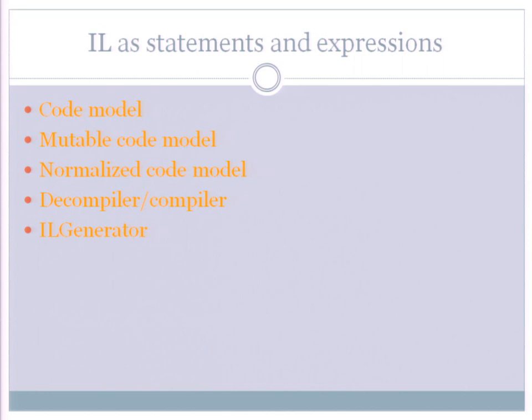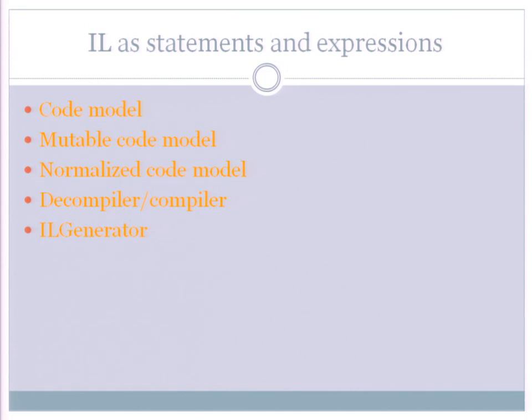And so here we're in the code DOM land. So there's an accompanying object model for statements and expressions, which I just call the code model. Again, it's just a set of interfaces, and you can implement it any way you want.